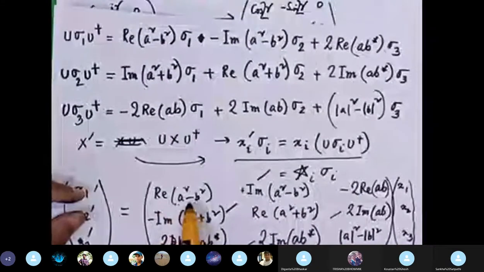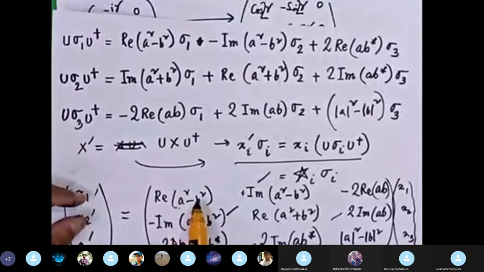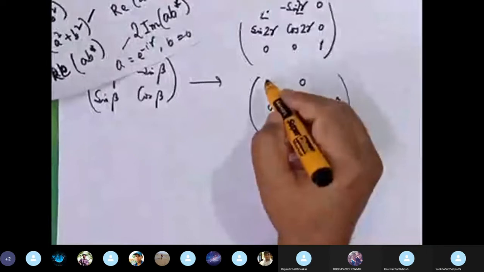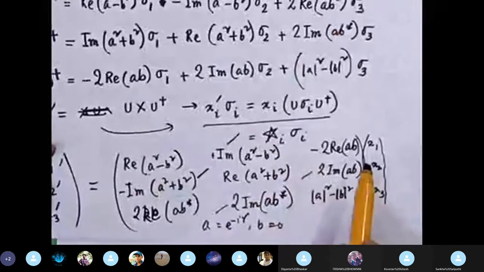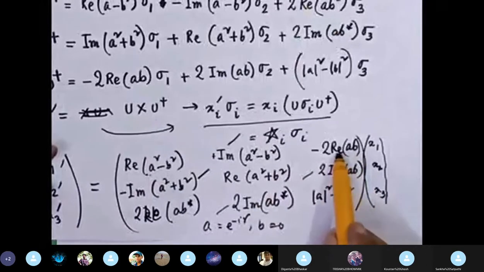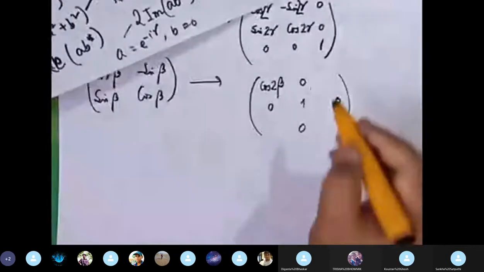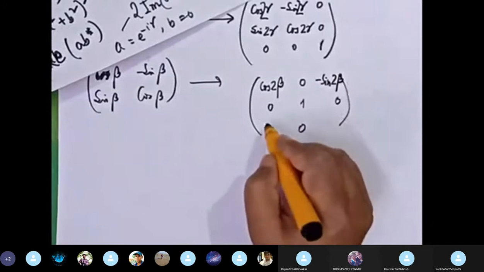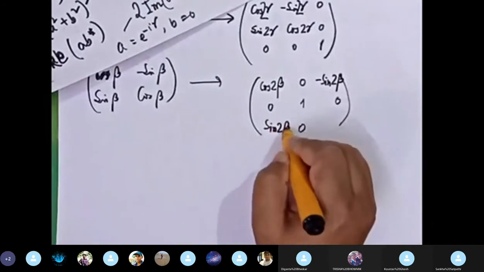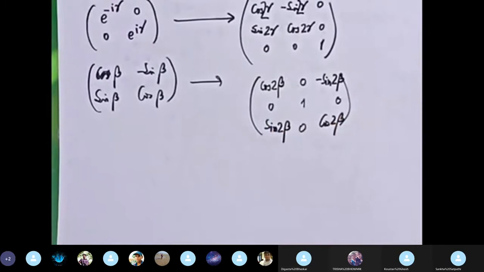In this part, it is cos square beta minus sine square beta. Clear? Here it is 2 into real part of AB. A, B are both real, so minus 2AB, minus 2 sine beta cos beta. And you can check this. Clear?